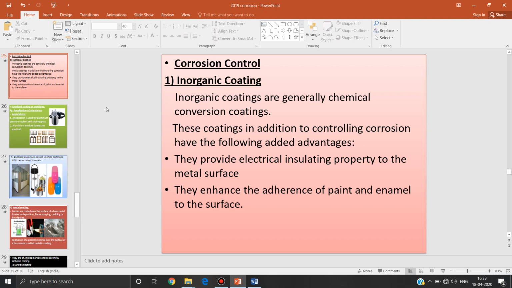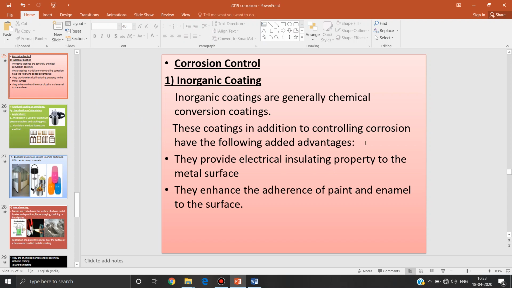So metal surface itself will be converted into some other compound. So that's why this protective layer is an integral part of that metal itself. We are not giving any separate coating over the article surface.